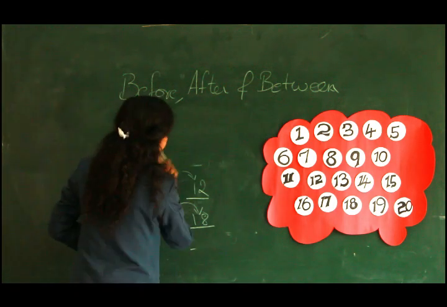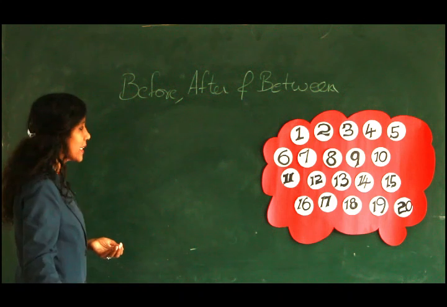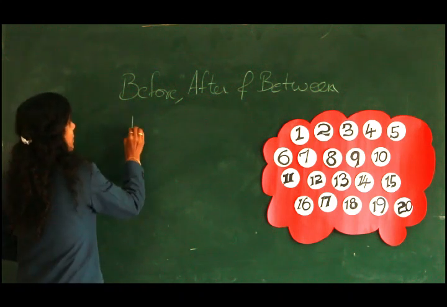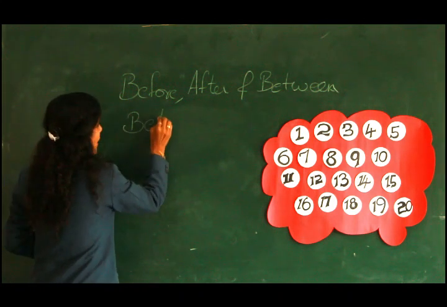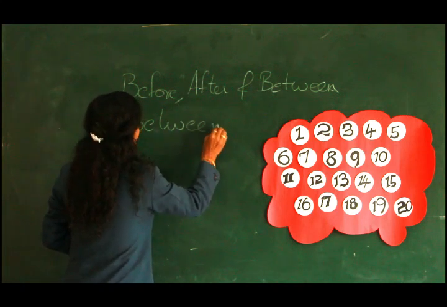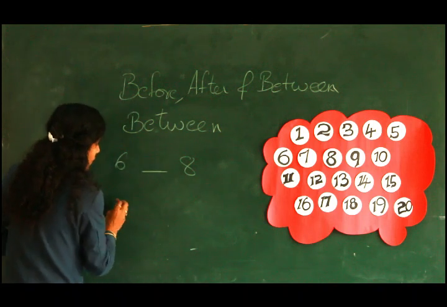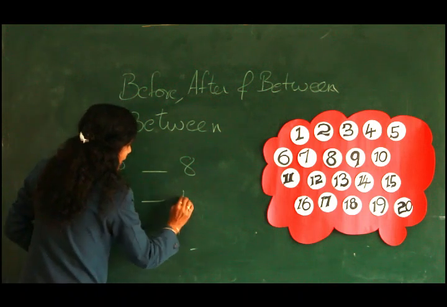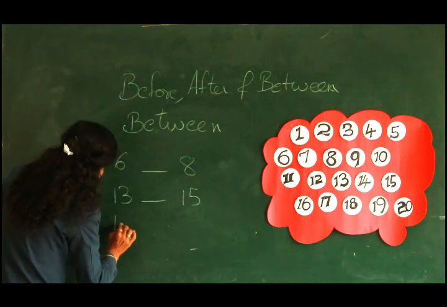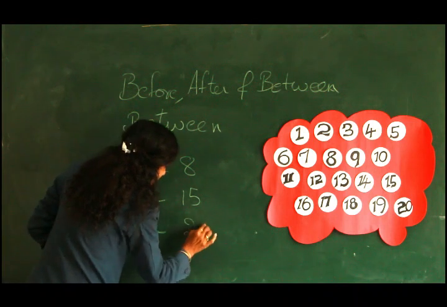Now let us see between. Between is a number which comes between two given numbers. For example, 6, 8, 13, 15, 18, 20.